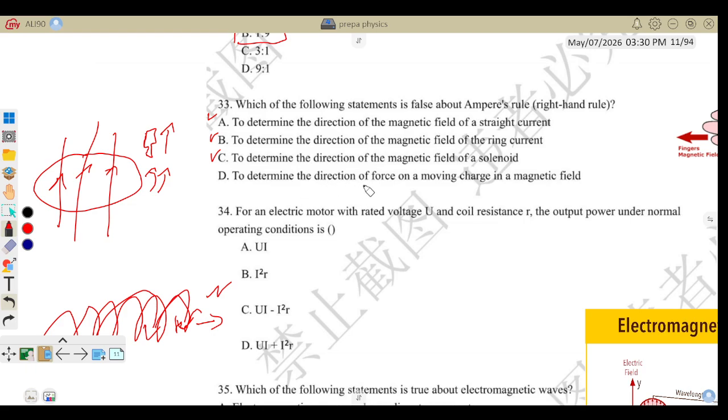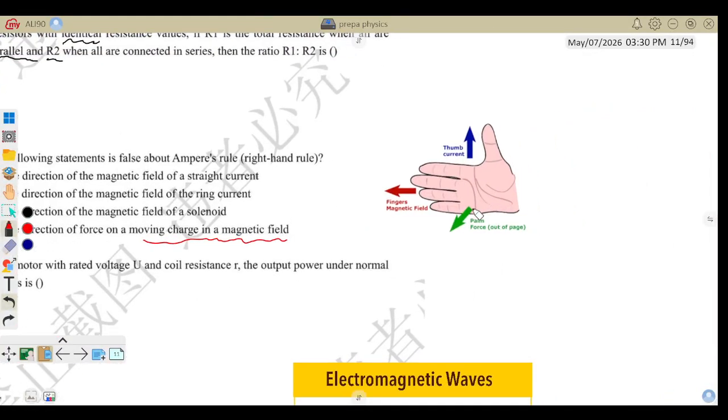To determine the direction of force on a moving charge in a magnetic field, we need to pay attention here. For D, determining the direction of force, we need to use what we call the right-hand palm rule or the Fleming left hand. Here, the thumb represents the current and the four fingers represent the magnetic field.